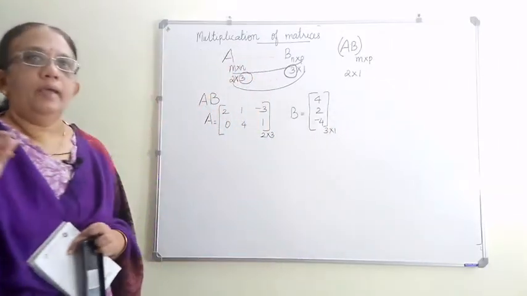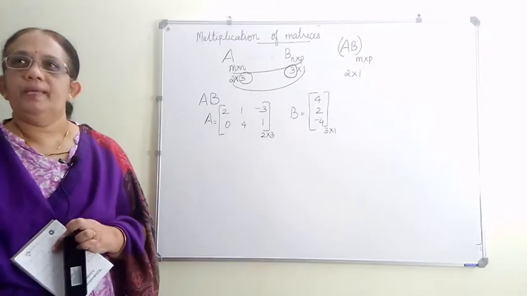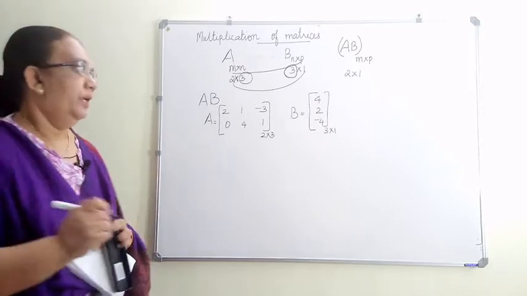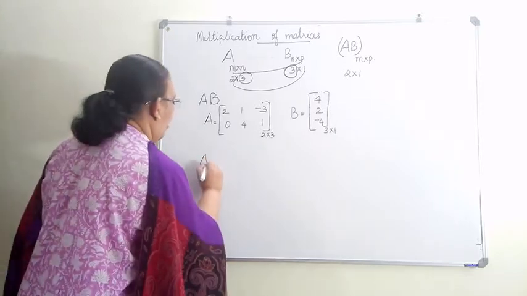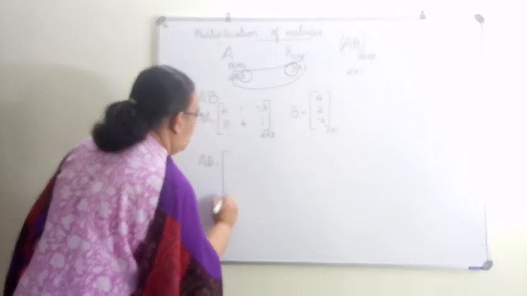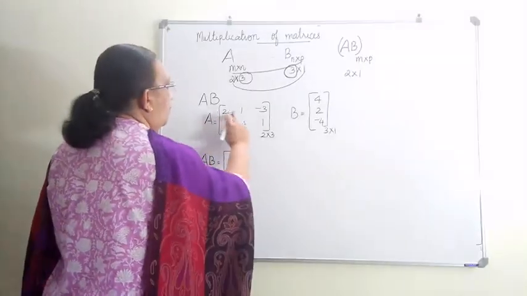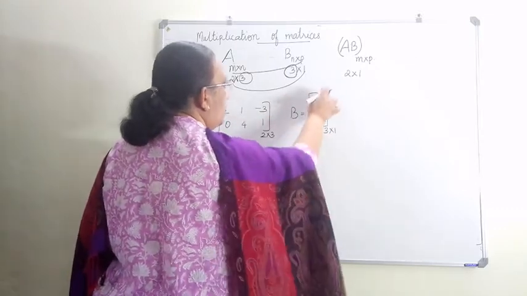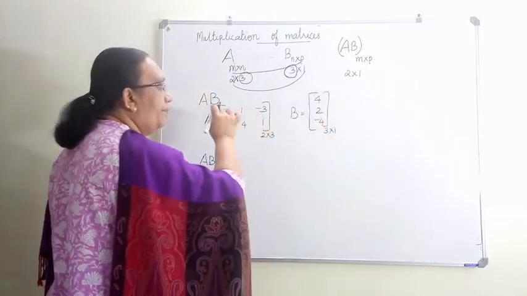Now, according to the property of multiplication, these two matrices can be multiplied. Now, how can you multiply? First row into the first column. So it comes like a pattern of 7.